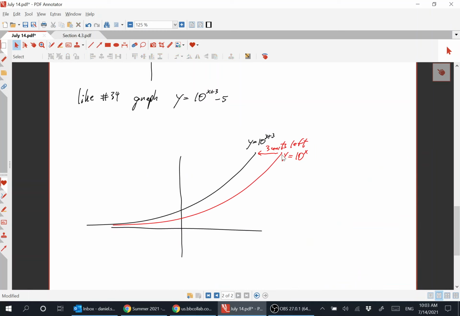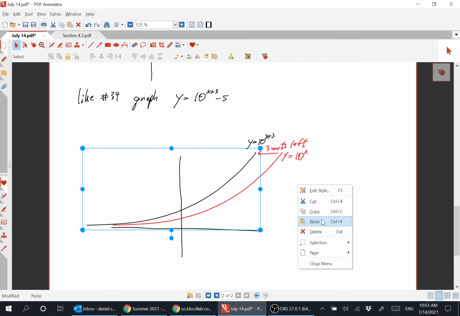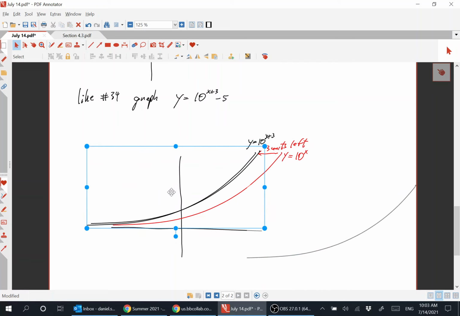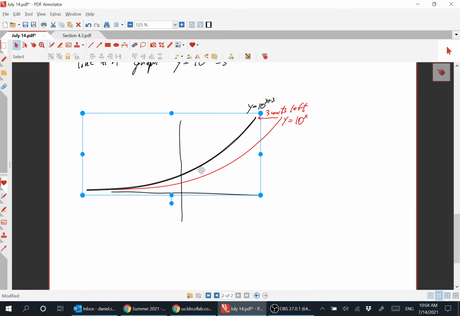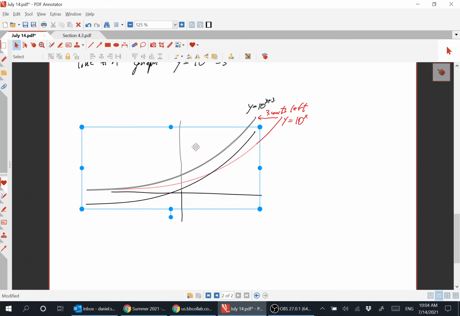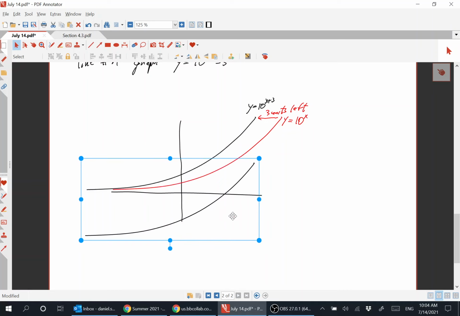First I took 10 to the x and shifted it left 3. Now if I want to get the graph of 10 to the x plus 3 minus 5, I have to do what to the graph of 10 to the x plus 3? I have to take it and shift it how? Shift it down 5 units, probably right about there.